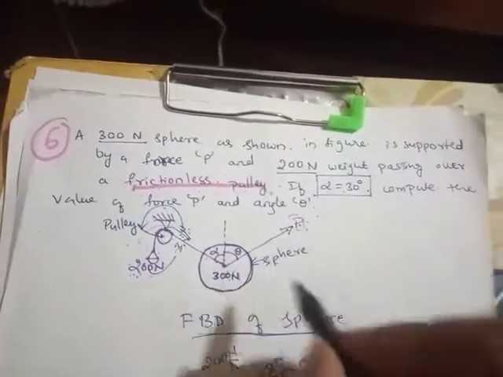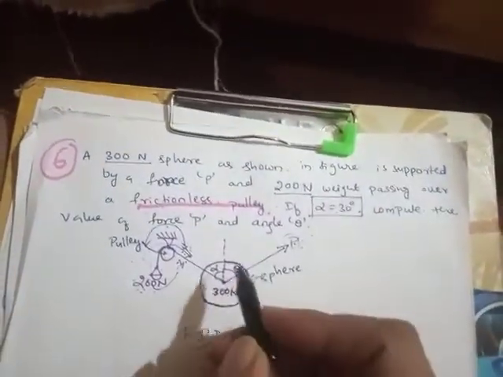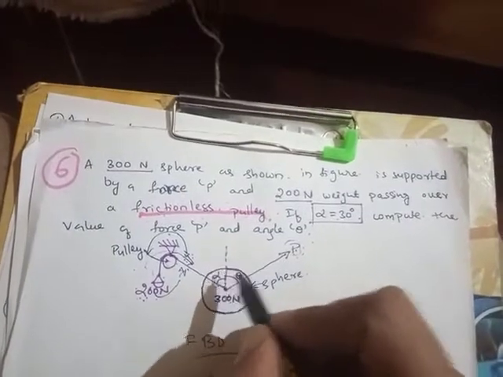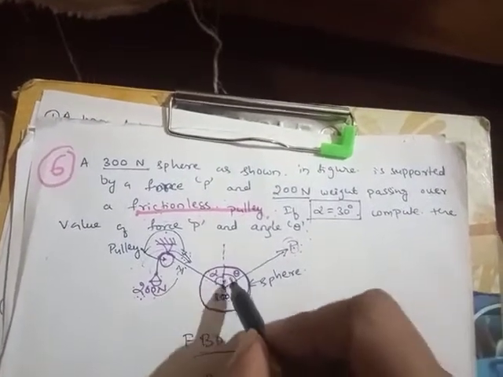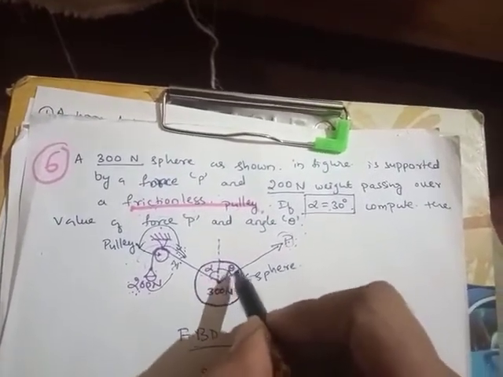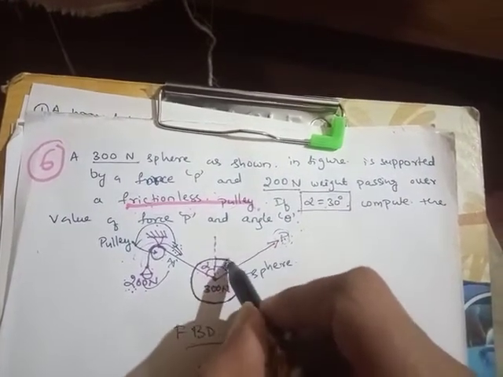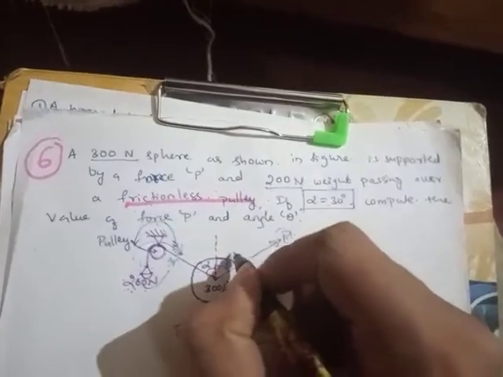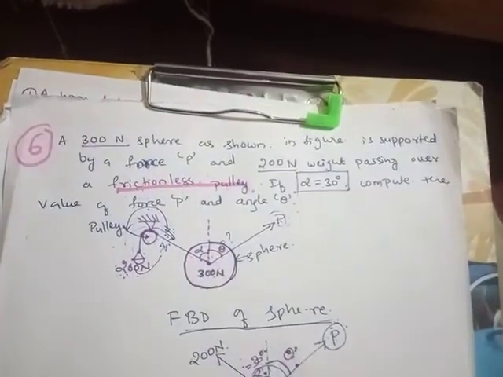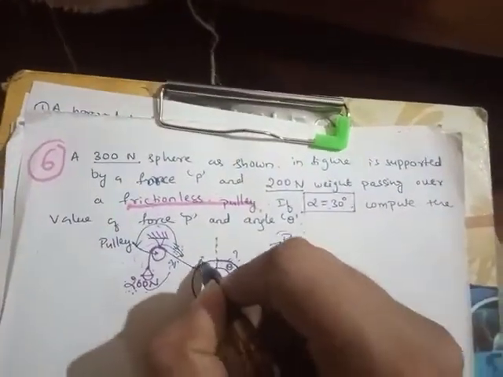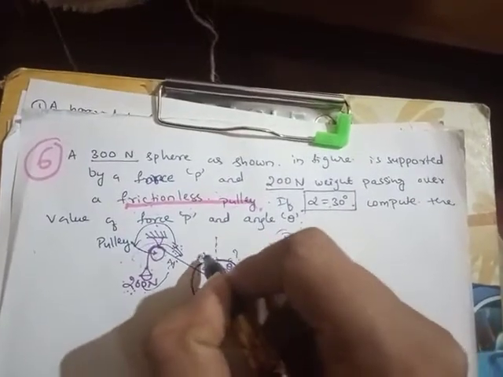They have given the angle alpha with respect to the vertical plane, and they asked us to find the inclination of the tension pull P with respect to the vertical plane. So here theta is unknown to us, they asked us to find, but alpha is given here. So alpha is 30 degree, it is given in the question.